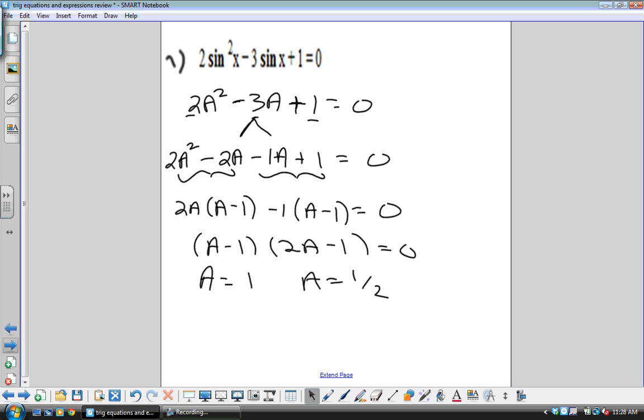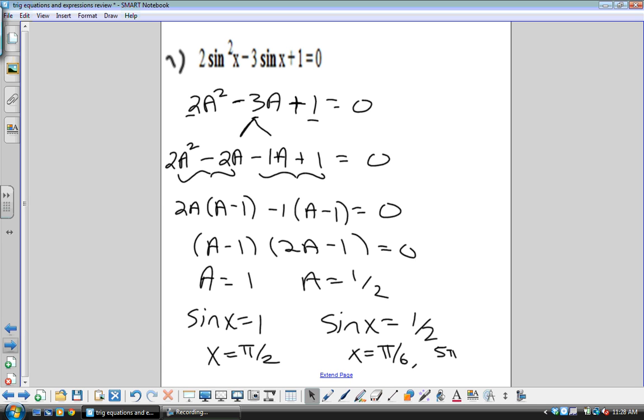Okay, now recall that a was just sine x. So we're looking for where is sine x equal to 1, and where is sine x equal to a half. So sine would be 1 at pi over 2, and sine is equal to a half at pi over 6 and 5 pi over 6.